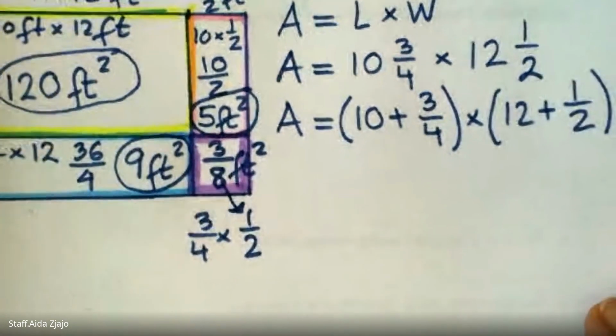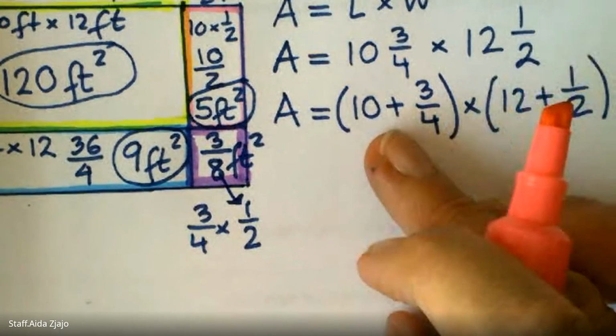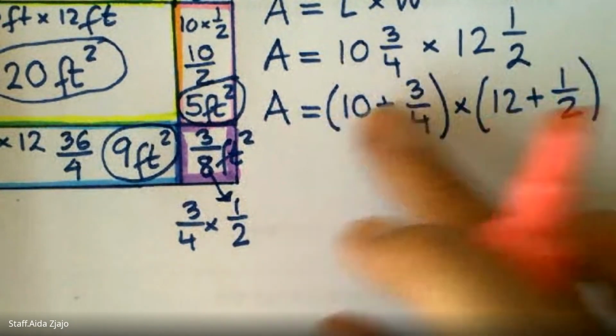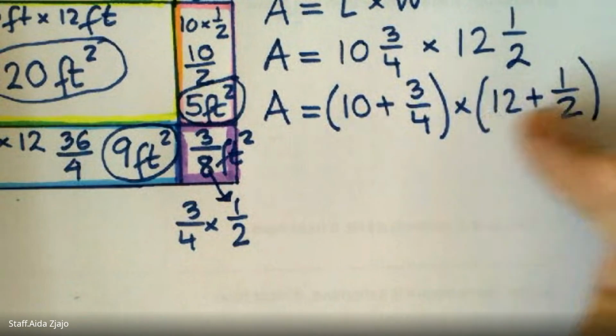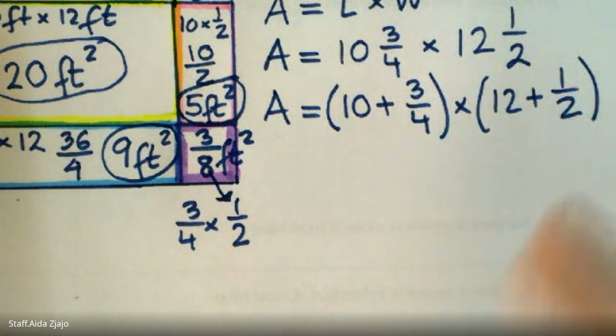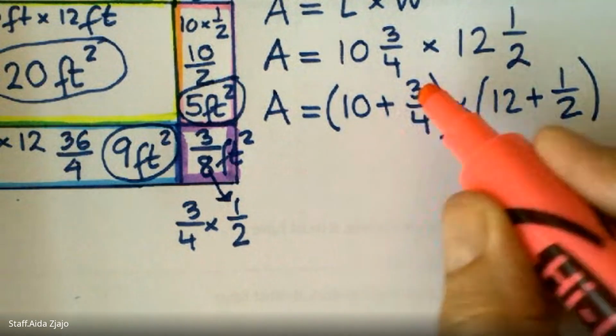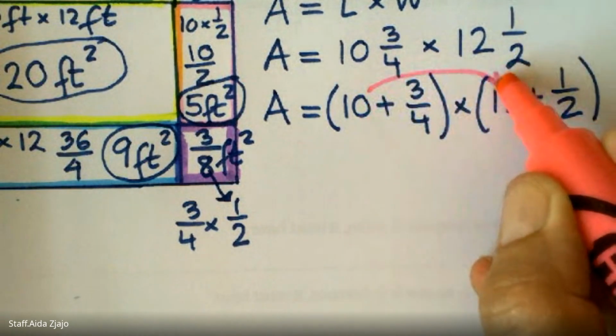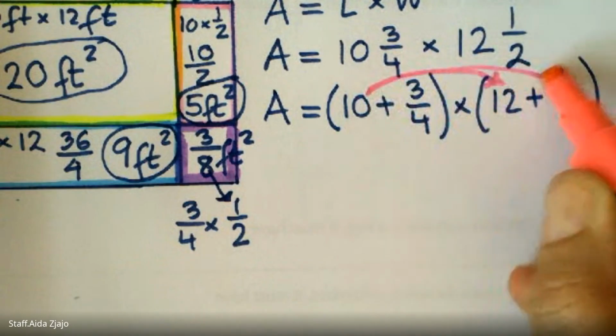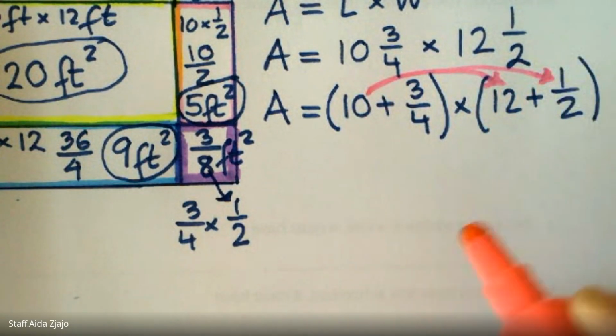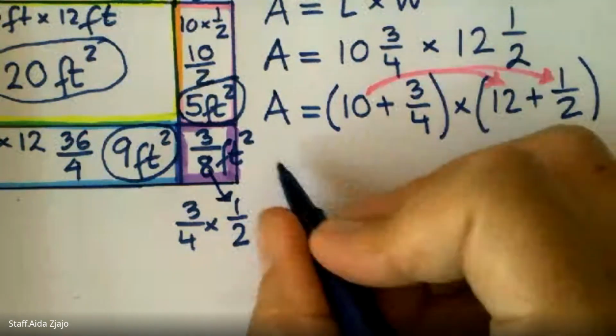Every number from the first parenthesis needs to be multiplied with every number in the second parenthesis. So 10 times 12 and 10 times half.